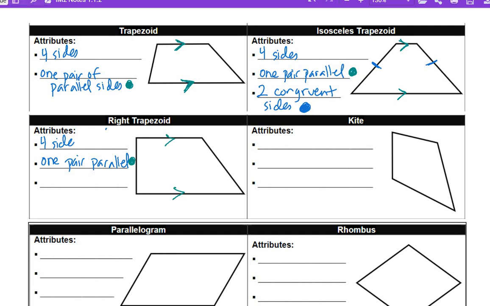And since this is a right trapezoid, we have 2 right angles. Next, we have a kite. Again, we have 4 sides. We have 2 pairs of congruent sides.